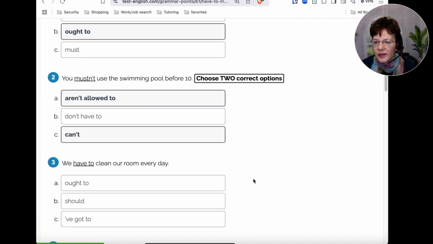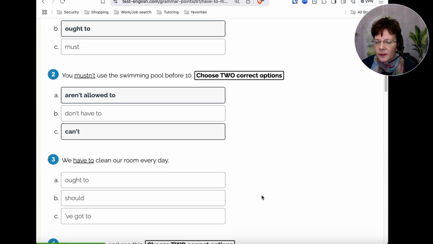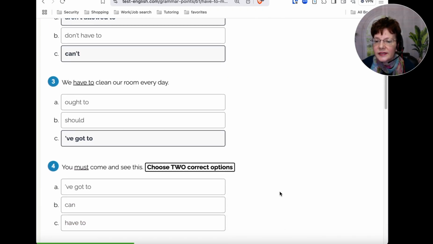Number 3: we have to clean our room every day. What means the same as have to? If you look at option C, have got to, it sounds about the same. One more here: you must come and see this. Here we have a strong opinion from the speaker.